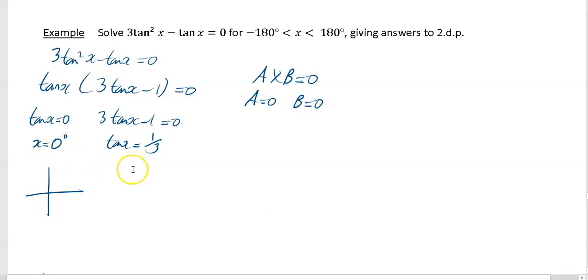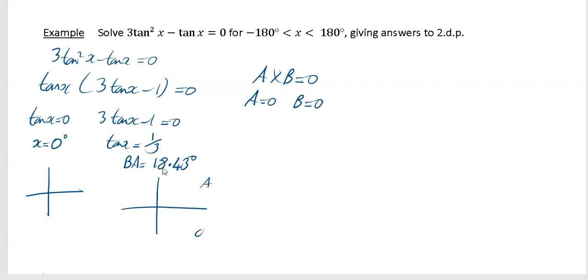In this one, you'll have to do your basic angle. So we're going to do our basic angle here for this one. So your basic angle, tan to the minus 1 of 1/3 gives you 18.43 degrees. And then again, we've got to do our CAST diagram, C, A, S, and T. And tan is positive, so it's going to be in here or in here.